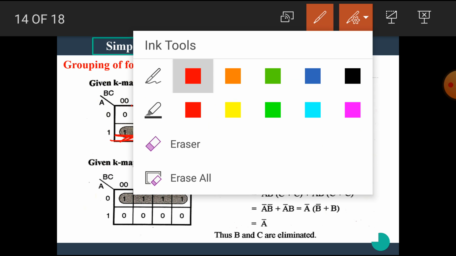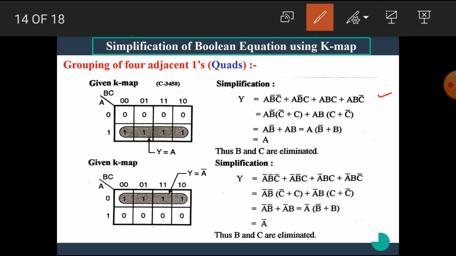After getting all the min terms, we have to find the common terms. In these two and these two we get the common. Here in these two we get the common A B bar, and in bracket the remaining is C bar plus C. Similarly in these two terms we get common A B and in bracket C plus C bar, but C plus C bar is equal to 1, hence we get A B bar plus A B.